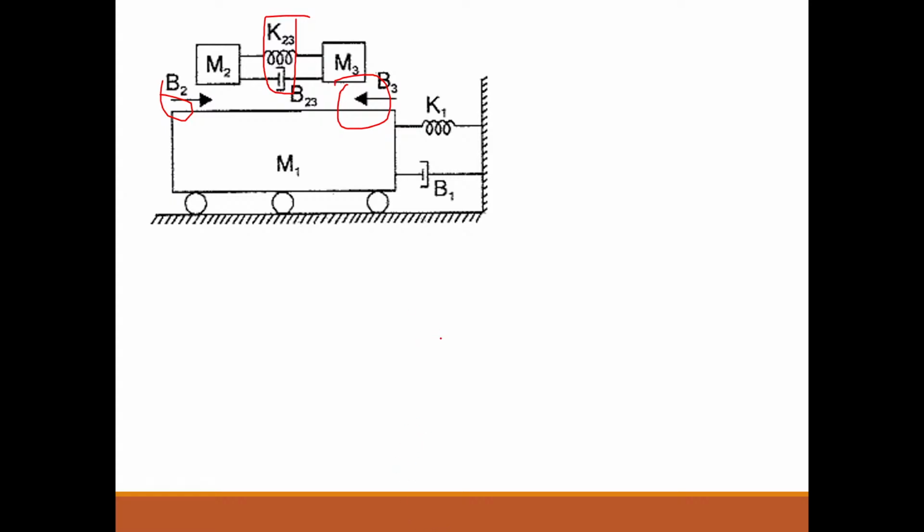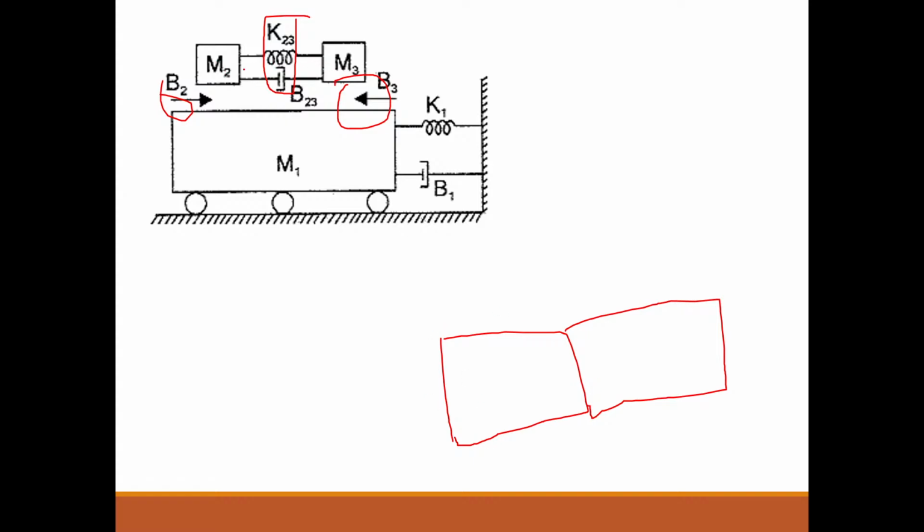Suppose this is our mass 2. Since this is a force voltage analogous circuit and there are three masses, there should be three meshes.